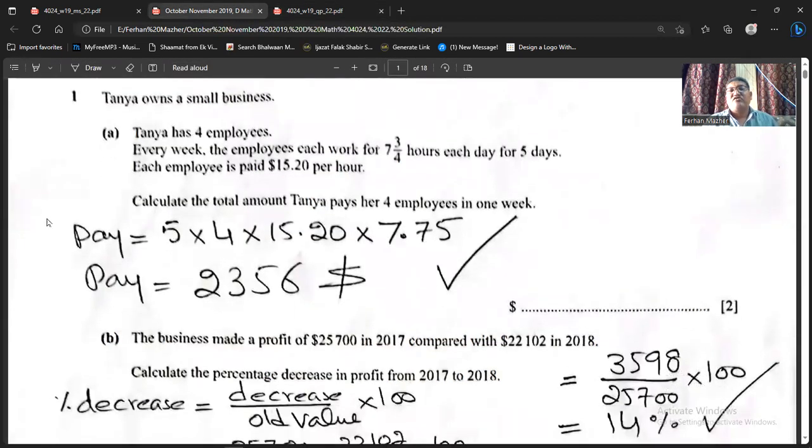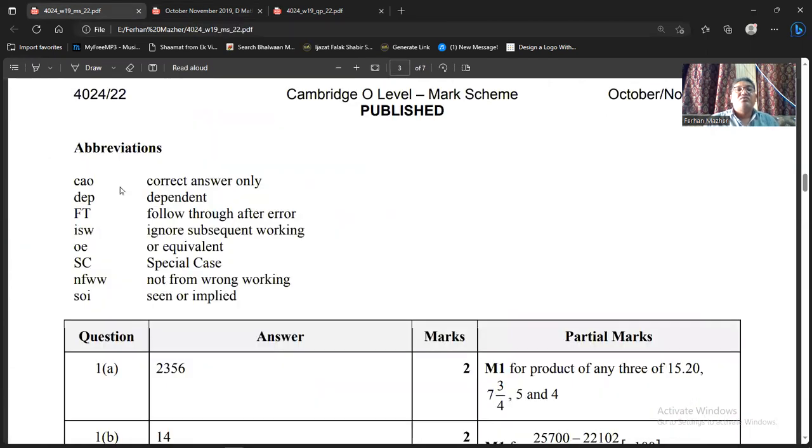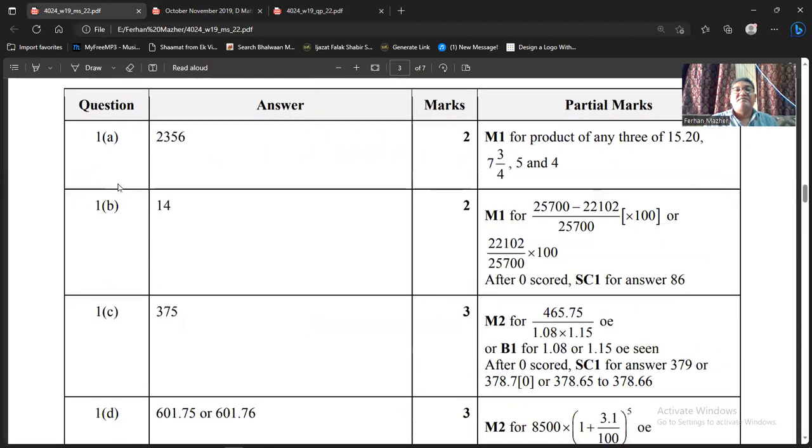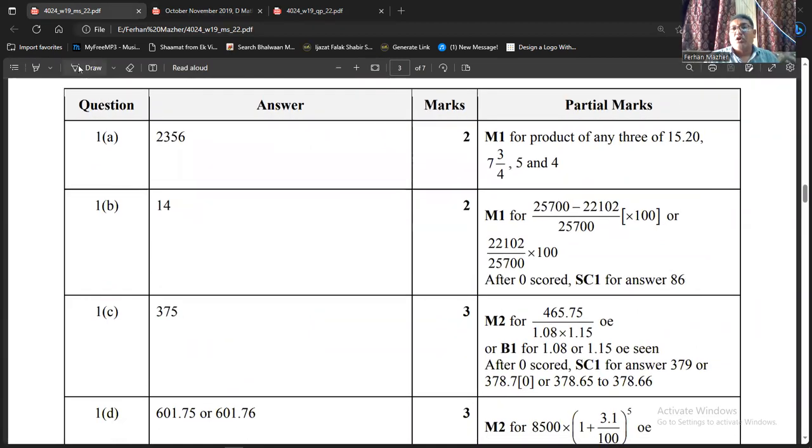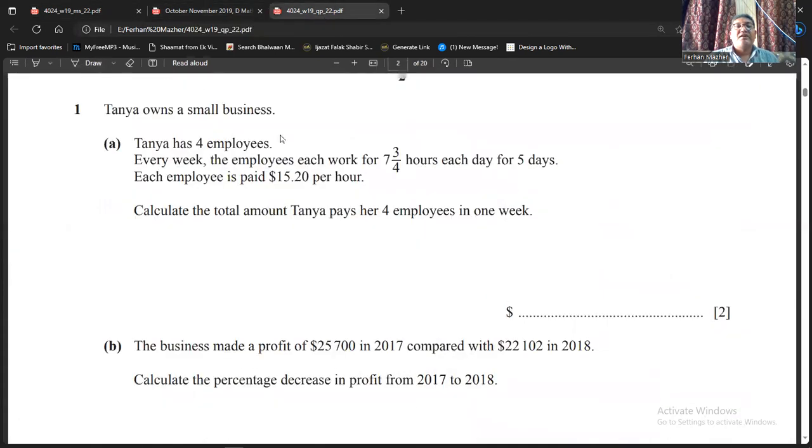So how much pay will she have to give? 5 days, 4 employees, $15.20 is the cost for 1 hour, and multiplied with 7.75. 3/4 means 0.75. So you will get $2,356. $2,356 is the right answer, sir. So this is the solution of the A part.